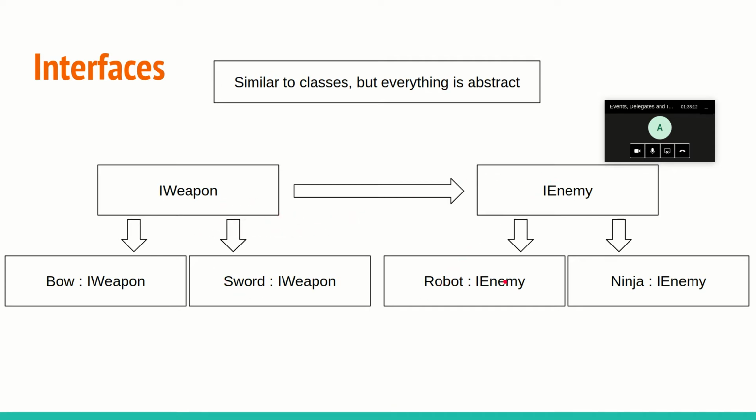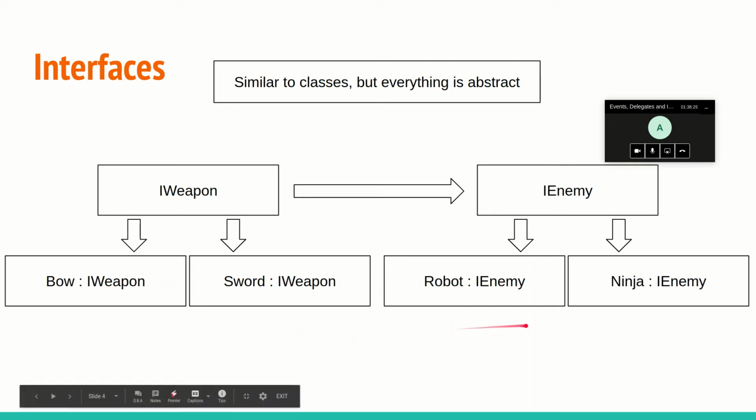Robots are enemies and ninjas are enemies. So I don't have to say weapons specifically attack robots or ninjas. They're both just enemies. So I can just define one relationship instead of all 4 of these. That's why the idea is quite powerful.